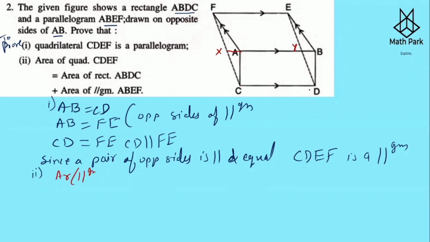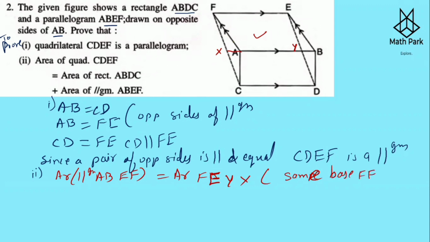So the area of parallelogram ABEF is equal to the area of parallelogram FEYX, because they are on the same base FE and between the same parallels AB and FE.